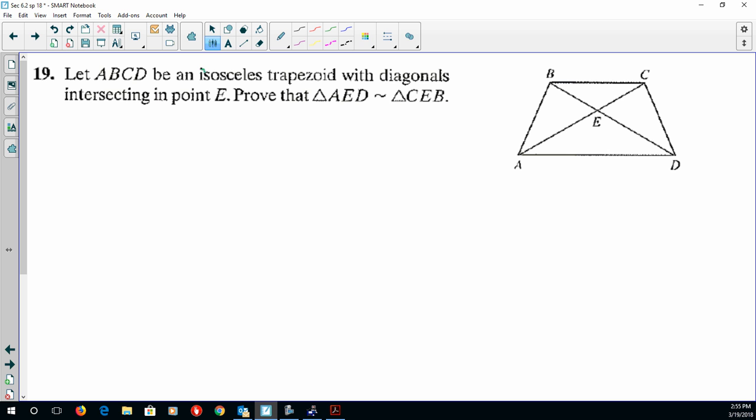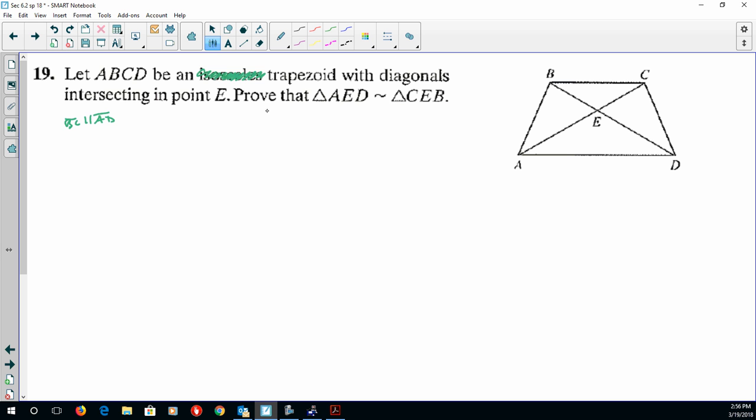All we need is that it's a trapezoid, and that means that BC is parallel to AD. Okay. All right. And again, this is not going to be a really great proof. It's going to be a real quick sketch.